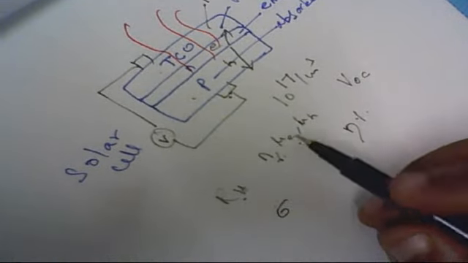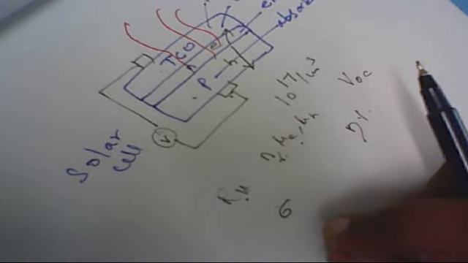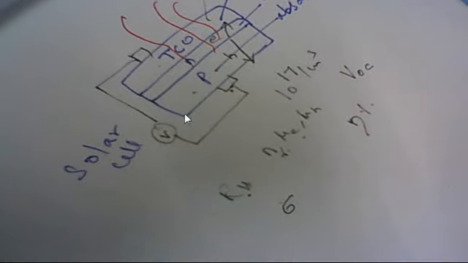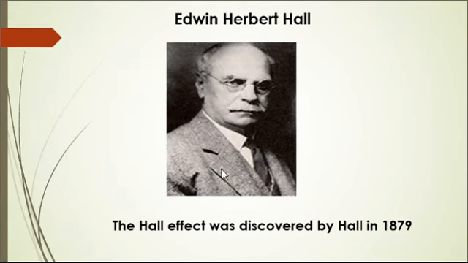Such very important measurements can be done using the Hall effect. This Hall effect was discovered by Edwin Herbert Hall in 1879, an American physicist.